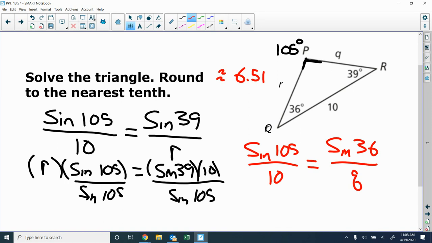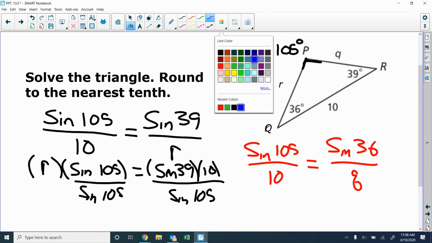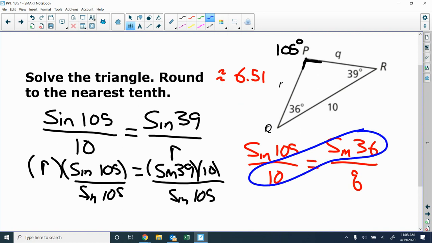Right now I'm cross multiplying these guys right here, and I got 5.87. Then I'm going to divide by the sine of 105, and I'm getting 6.08. That makes sense.